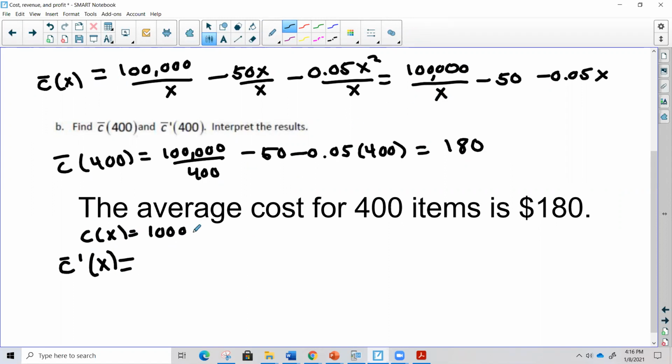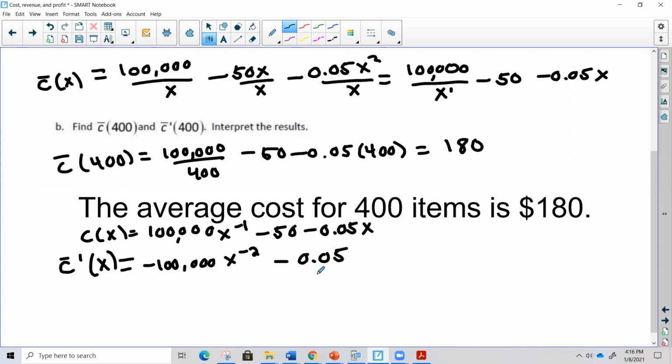So to do that, we make the exponent negative and it becomes x to the negative first, because it's x to the first if we don't write it. And that's the only thing I have to change before I take the derivative. So we get negative 100,000 x to the negative second, because -1 minus 1 is -2. The derivative of 50 is 0, and the derivative of 0.05x is that minus 0.05.